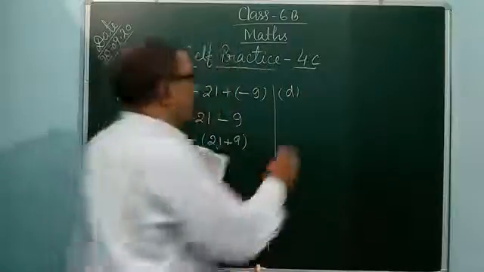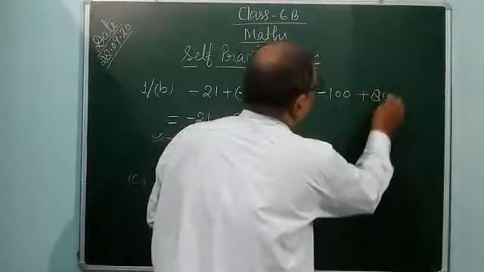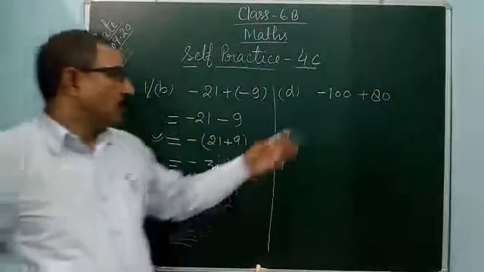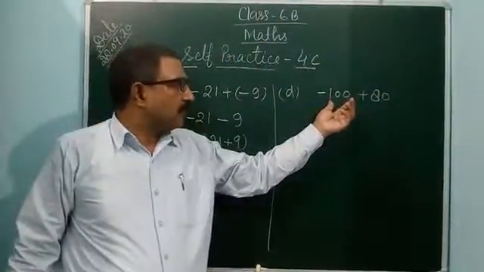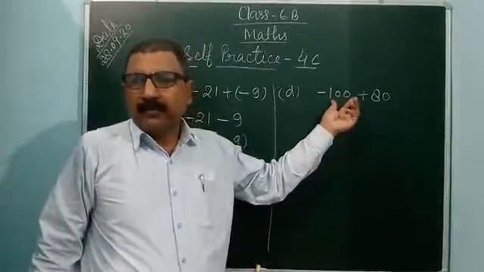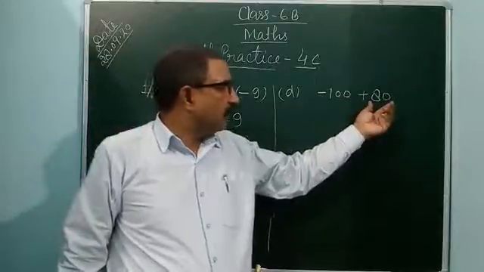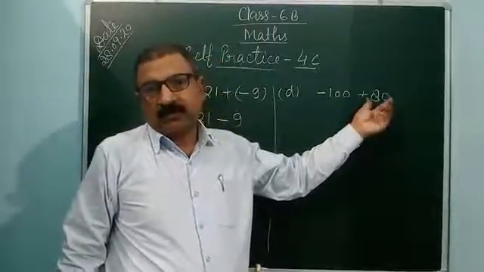Minus 100 plus 80. You can see the digit value of the negative integer is minus, but the positive integer is plus 80.